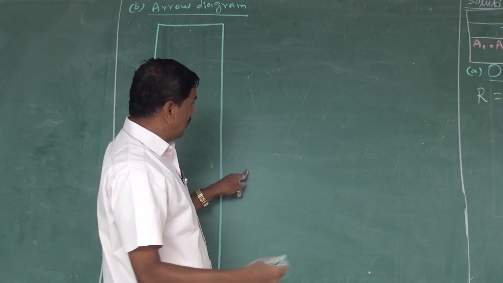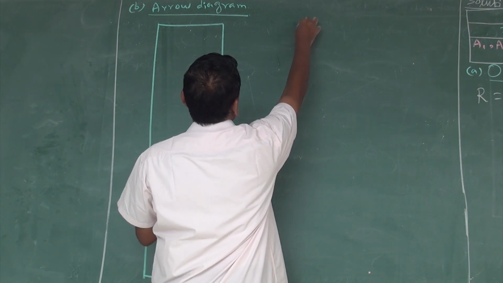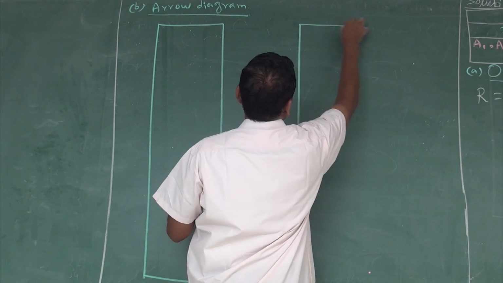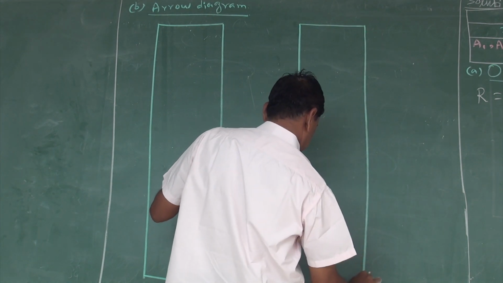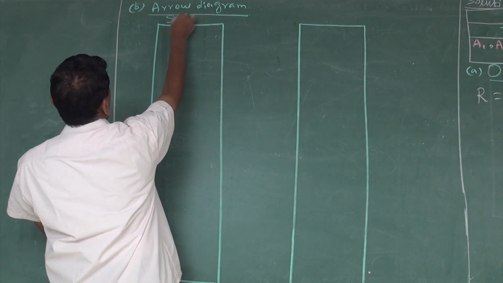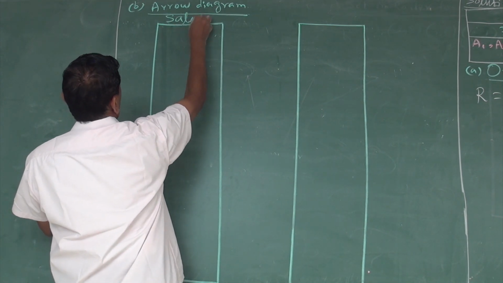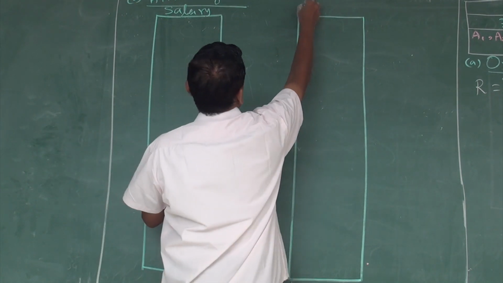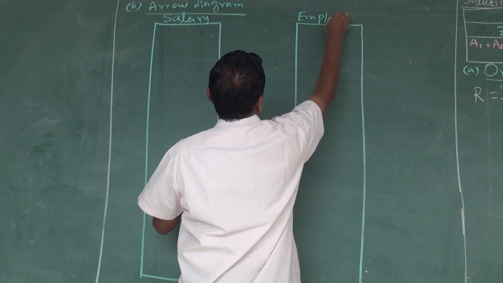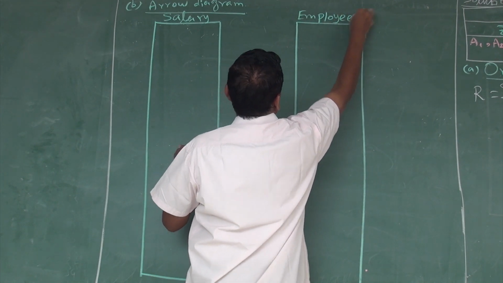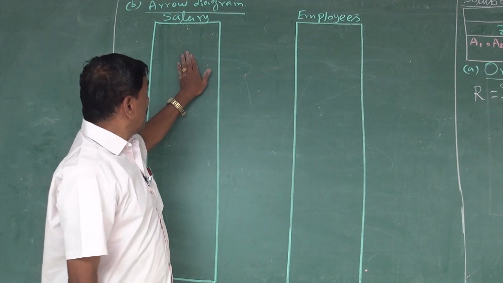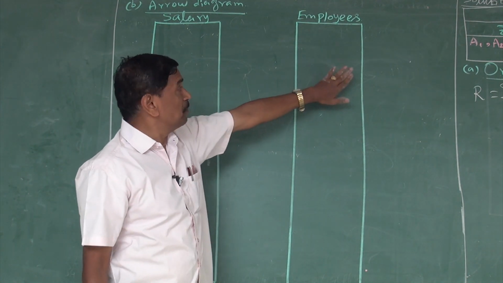Second set, employees. Because the relation is given from salary to employee, that is important.